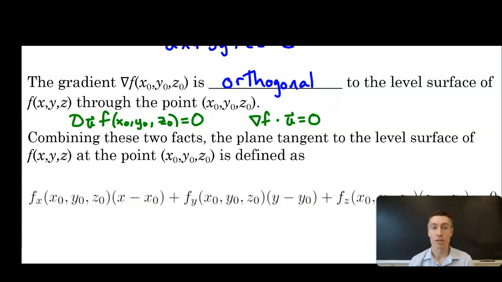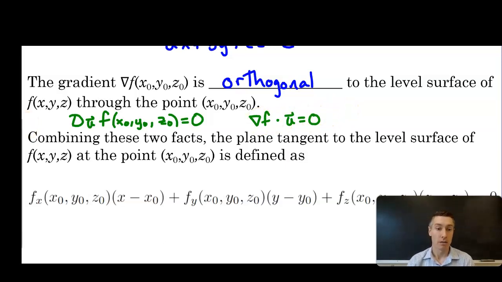No matter where you're standing on that sphere, your direction is going to be to jump straight up. Okay? And that would create a vector that's normal to the surface of the sphere where you were standing. Right? So that's an intuitive sense of what the gradient is telling us and why it would be orthogonal.